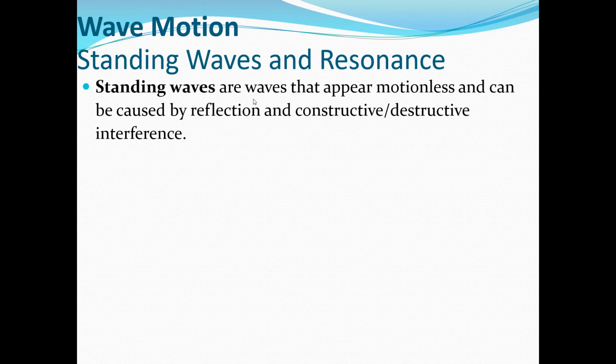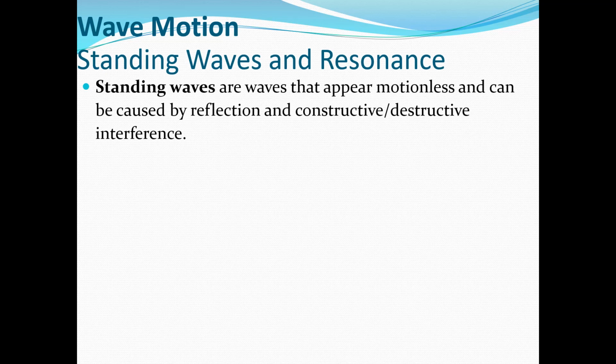What I mean by motionless is, if you think back to some of the diagrams and animations I had for the moving waves, you can clearly tell that the waves are going either left or to the right. For a standing wave, it doesn't work like this.